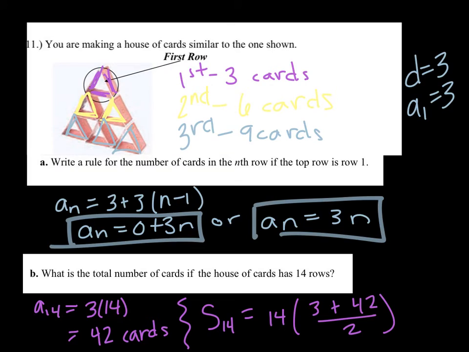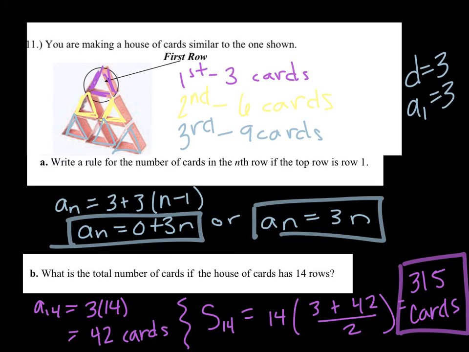So we end up with 45 divided by 2 times 14, which gives us 315 cards. So if you had a house with 14 rows, it would be made up of 315 cards, which means you would need a couple of decks.